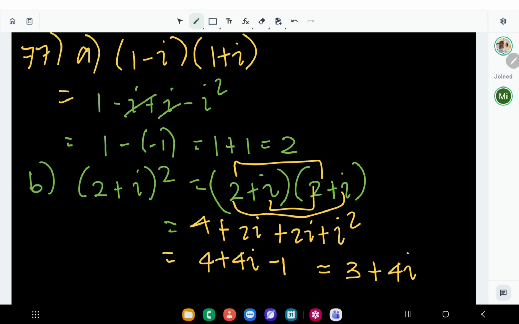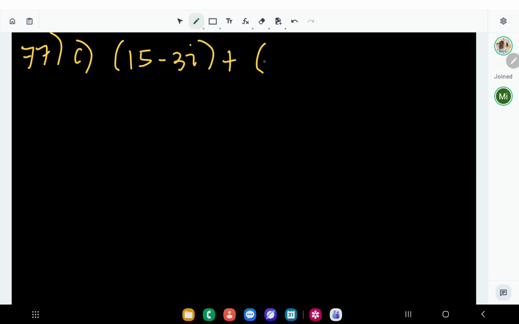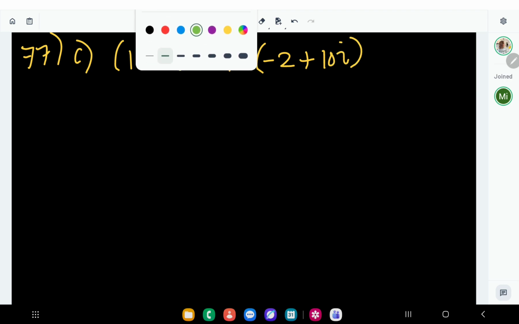Okay, then letter C. So we have 15 minus 3i plus negative 2 plus 10i. So we get rid of the parentheses.